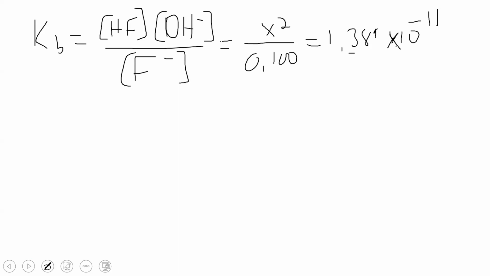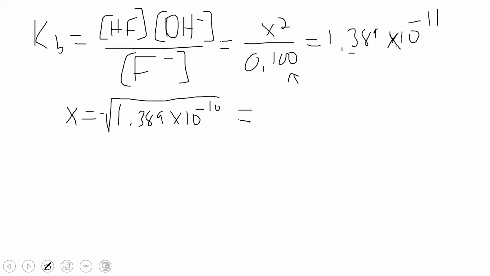And so we can do our calculation. We can find that X, just by doing a little bit of math, will equal the square root of 1.389 times 10 to the minus 10, right? I get that because I'm multiplying each side by the 0.1 here.